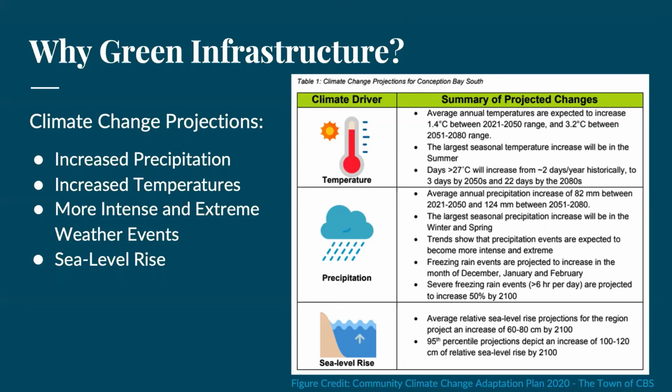So if you look at some of the climate drivers there, like temperature, precipitation, and sea level rise, it gives you a summary of some projected changes. So average annual temperatures are expected to increase 1.4 degrees Celsius between 2021, this year, and 2050, and then another 3.2 degrees Celsius between 2051 and 2080.